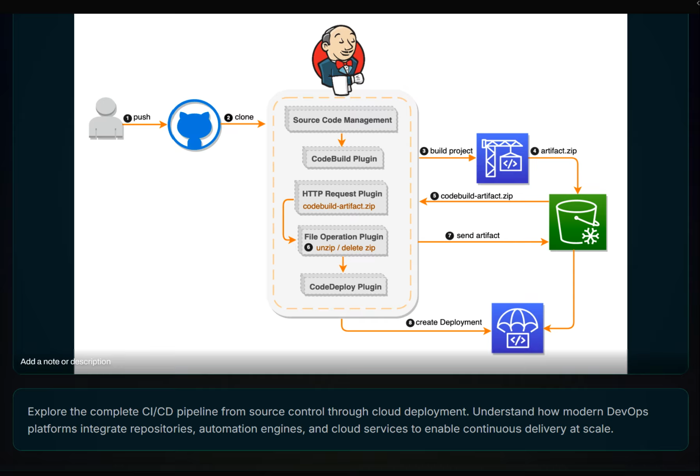When you talk about repositories, if you have Linux experience, you probably remember we use repositories to download new packages, new versions of the Linux operating system, and you set up repositories to access when you need a new package to be installed. So automation engines and cloud services to enable continuous delivery at this stage.